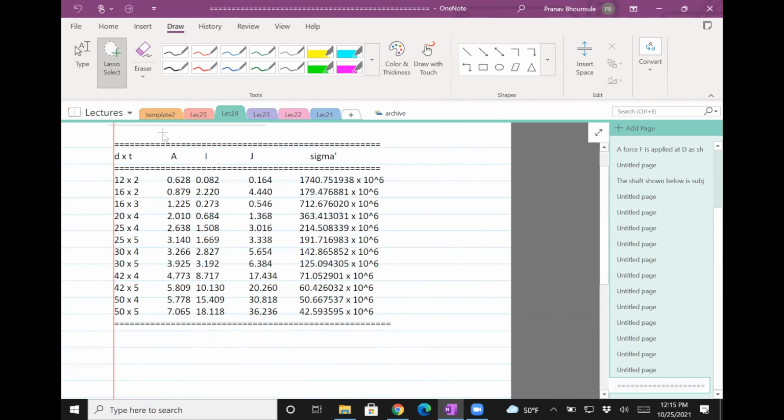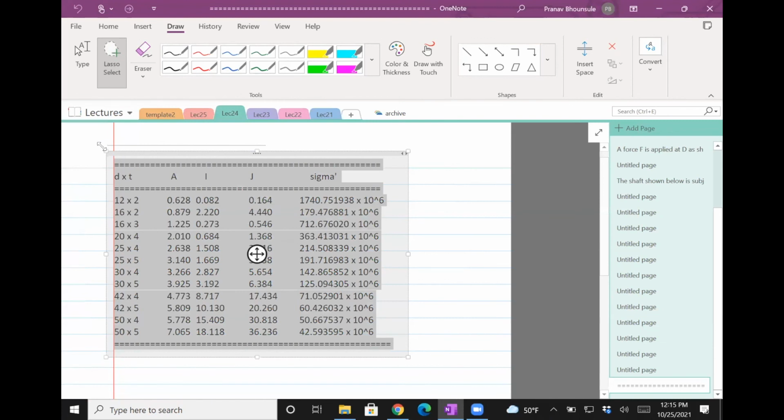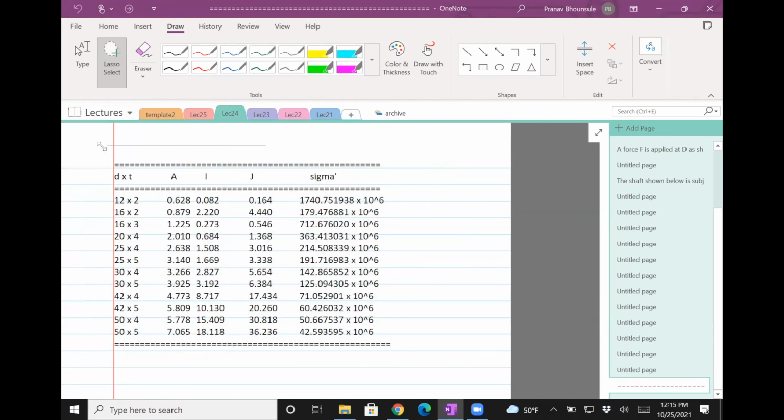I did this in MATLAB, but you can use Excel, for example, to do it. You don't need to interpolate the values here because you just need to pick a stock size. There's no interpolation involved here.